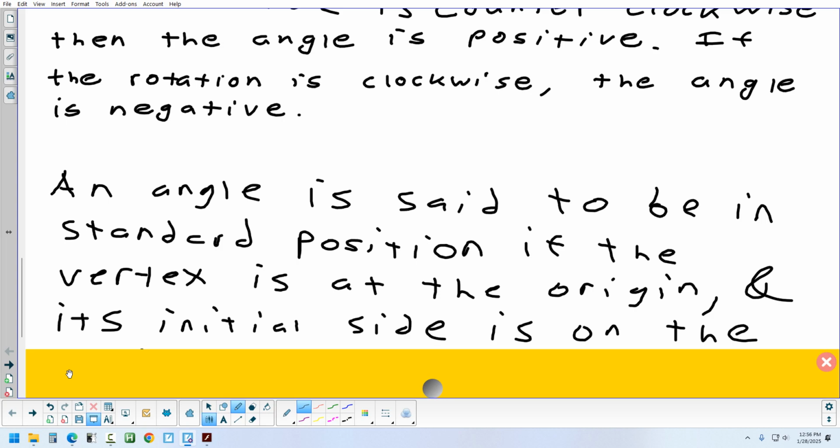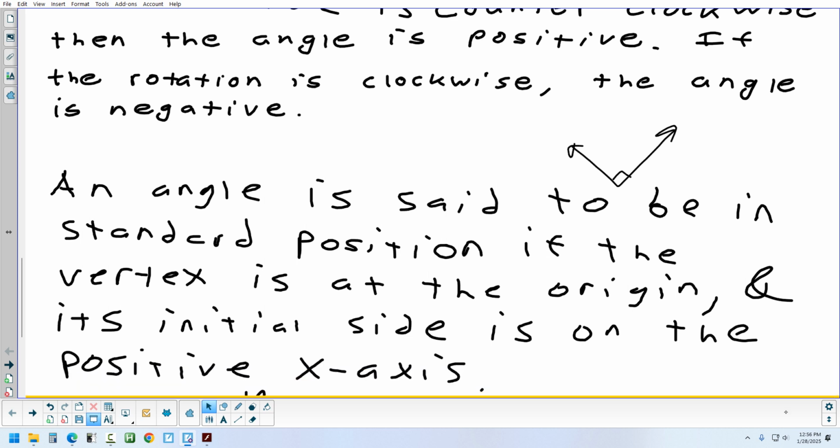That's how you normally would sketch an angle. So if I asked you to sketch a 90-degree angle in standard position, that's how you would do it. Okay. If you took that angle and you rotated it, it's still a 90, but that's not in standard position.